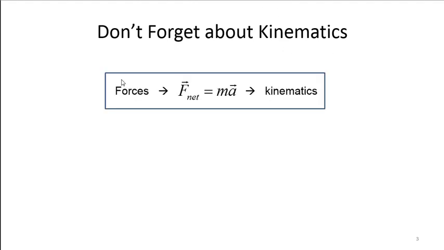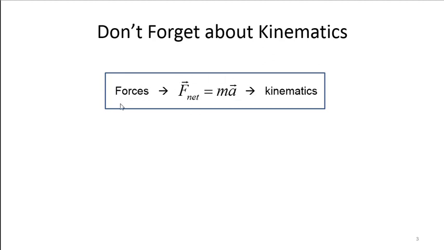So if you're given a problem that gives you information about the forces acting on an object, and it's asking you to solve for a kinematic variable, such as displacement or final velocity or how long something takes, the missing link in there is Newton's second law.